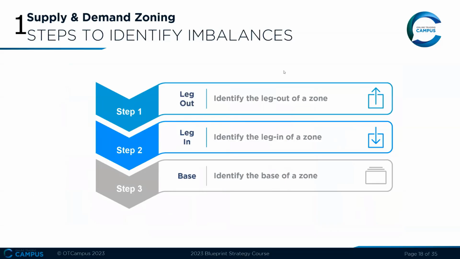So far, so good. Now moving on to identifying the imbalance. How do we go about identifying them within our price charts? Step one will be the identification of the leg out of the zone. First, from right to left, as we start at the current price, what we want to find first are those candles that indicate institutional activity.